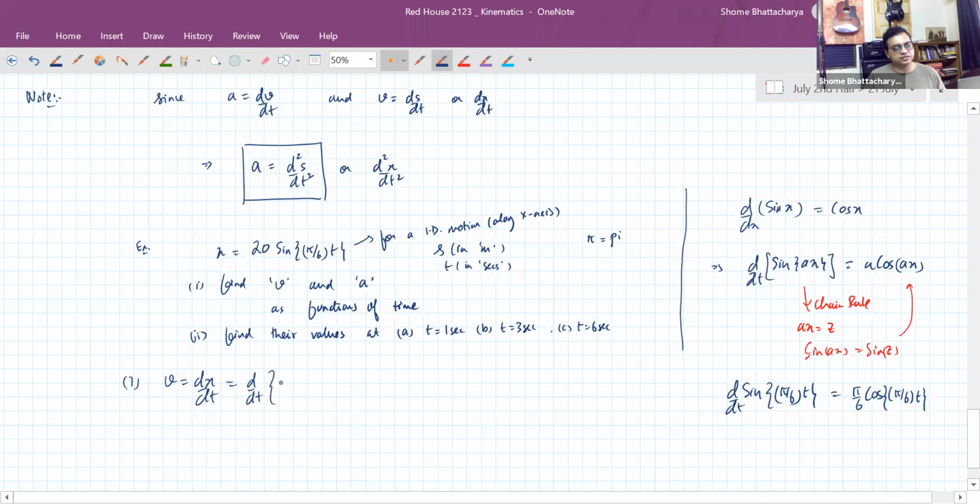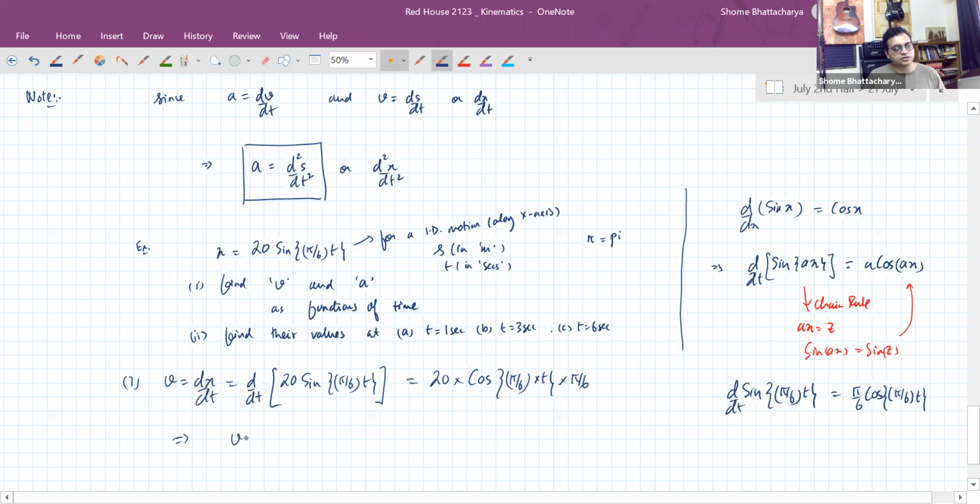So you're differentiating this whole thing with respect to time: 20 sine of a constant, which is pi by 6 in value, into time t. The first step is that you take the 20 outside because that's a constant again. Then you differentiate this sine term, so its derivative is cos. But there's the pi by 6 multiplied by time, so you also have to multiply with pi by 6.